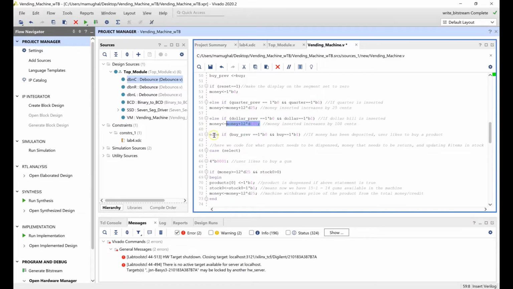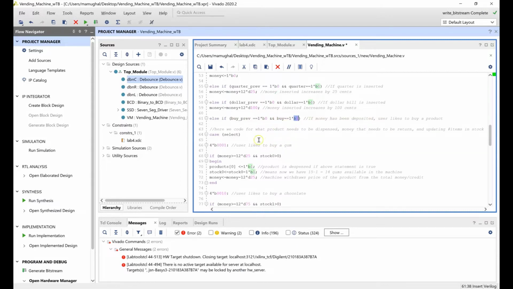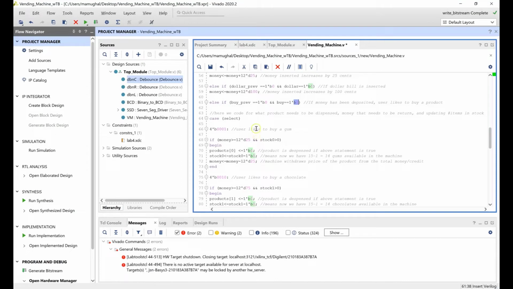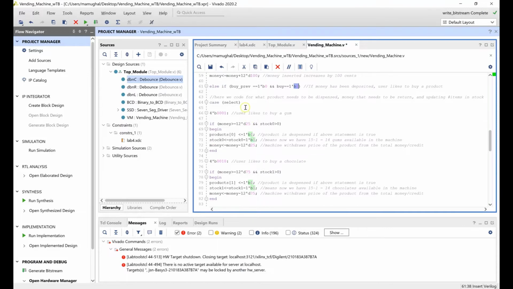Okay, and then if the buy previous was 0, and now the user, after inserting the money, clicks on the button buy, so the logic goes to 1, then we look for what? Well, it's going to dispense the product, but because we have 4 different products, 4 different selections, we're going to go through all of those one by one.